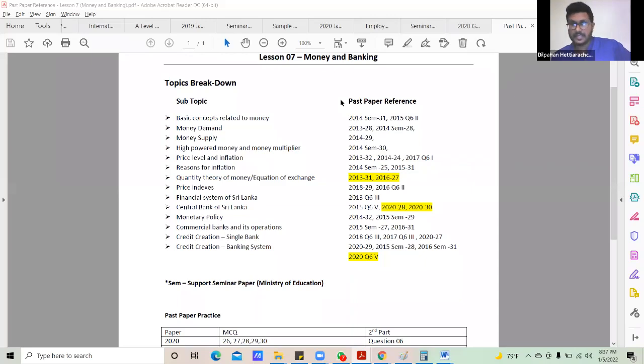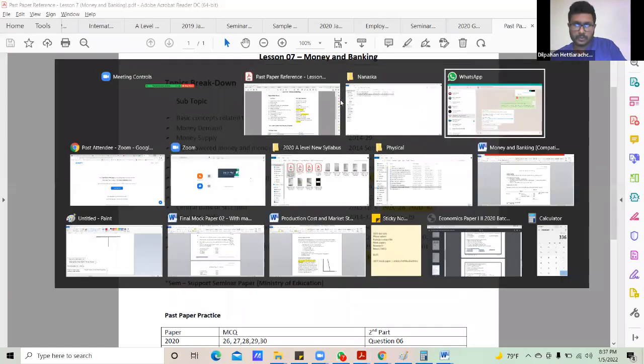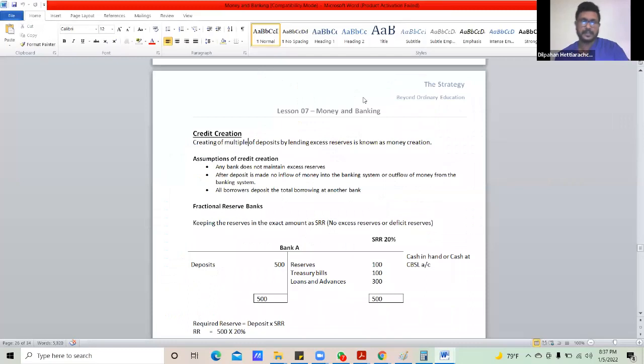Credit creation is what we are going to discuss first of all. So what is credit creation? This whole lesson consists of 3 components: the money part, general price level and inflation part, and the last part is the financial system of Sri Lanka.